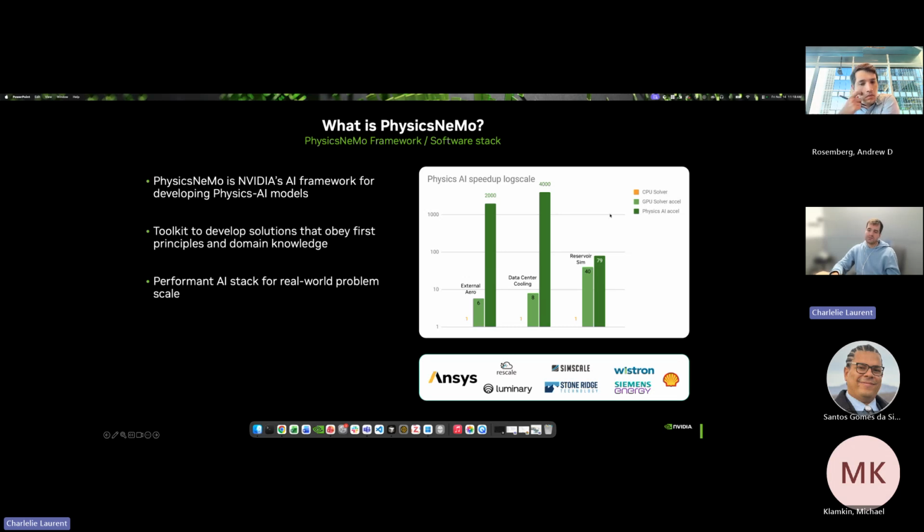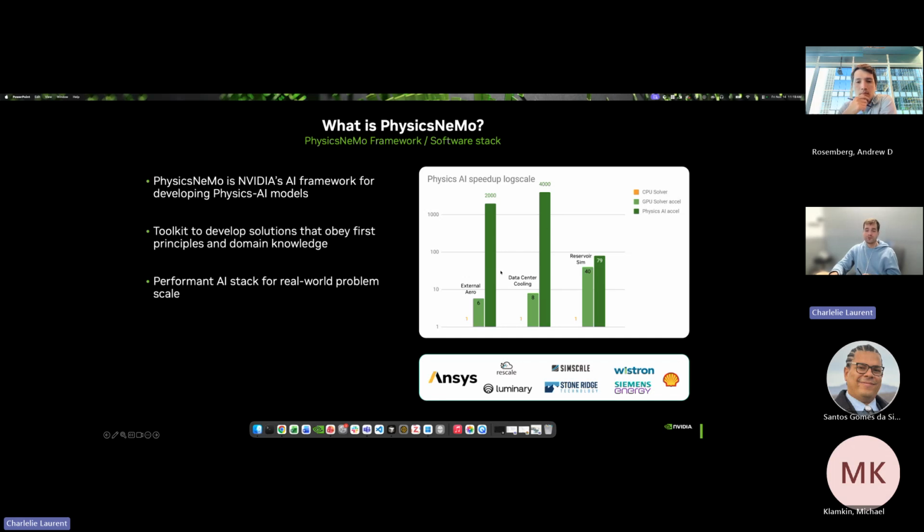The baseline for all of them is a classical CPU-based solver. Then the light green is the same solver but ported to GPU. So if we take the RANS solver and port it to GPU, we get a speedup of some times X. For data center cooling, we have a speedup of 8 times, and for the reservoir simulation, a speedup of 40 times.